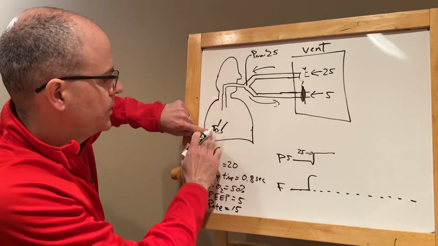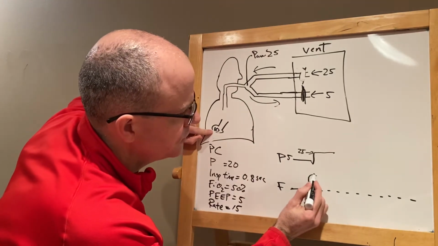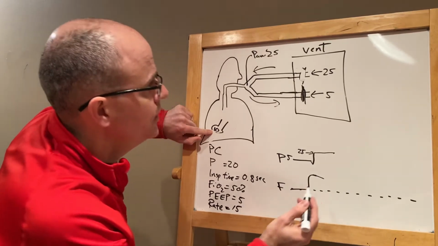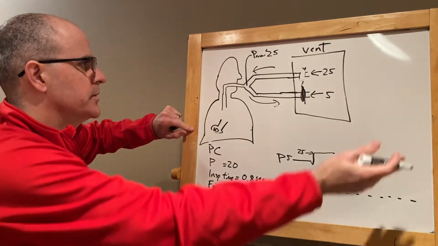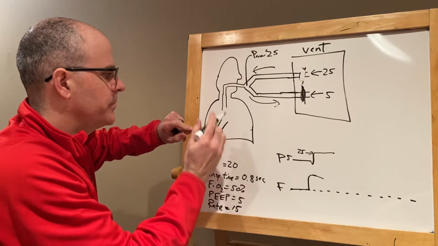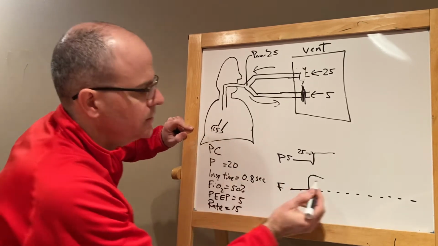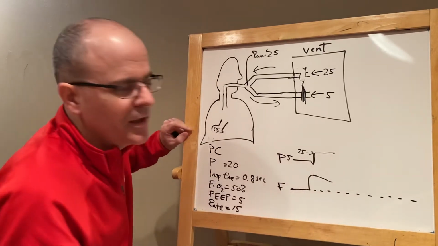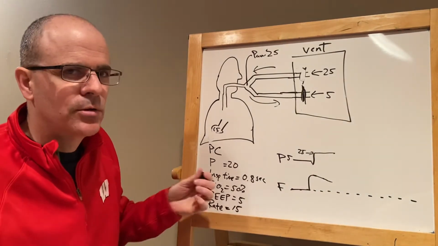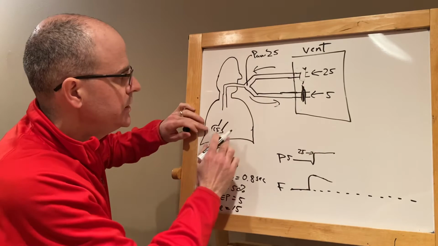As alveolar pressure starts to rise, flow will start to decrease. Let some more air in. This continues to go up and up. Maybe it gets up to something like 15. Flow is decreasing.